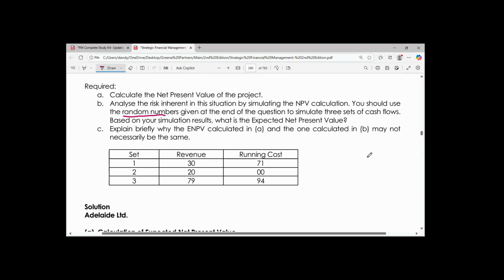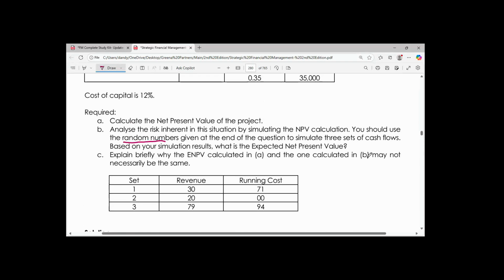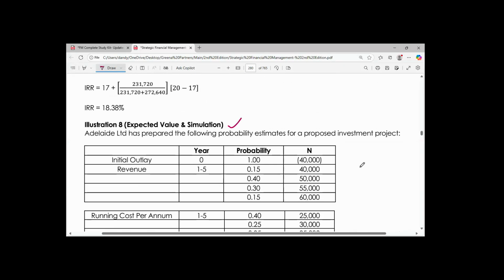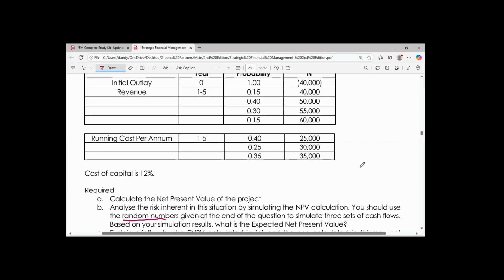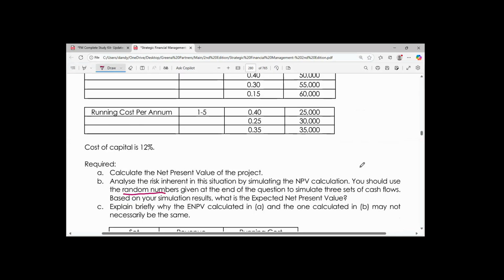All right. Thank you. So that is the question. What are you supposed to do? The examiner is asking you to calculate NPV. Let me see if I can quickly share with you so that we can be on the same page.